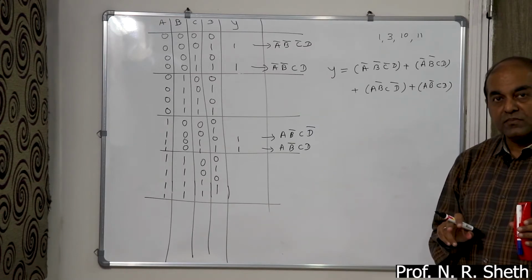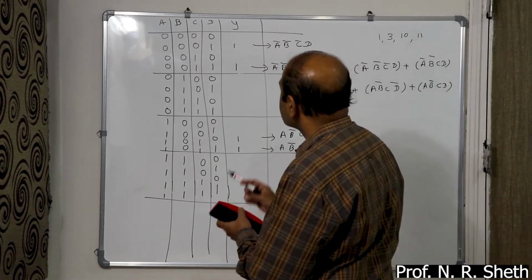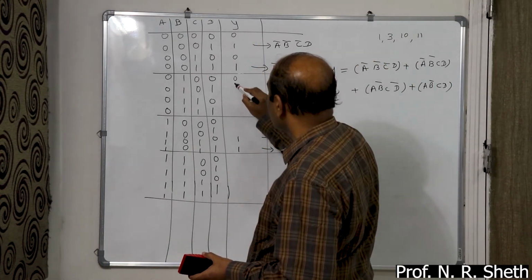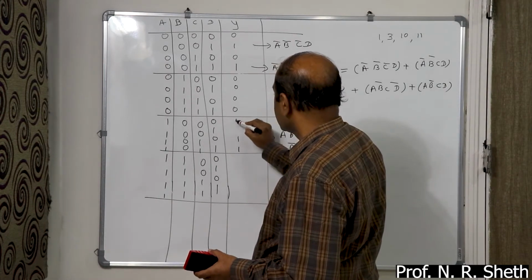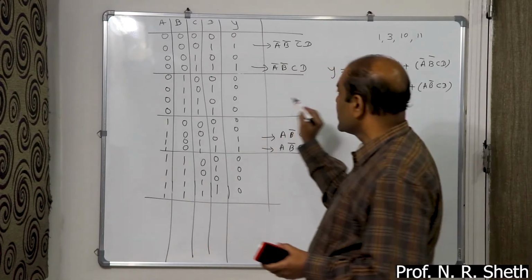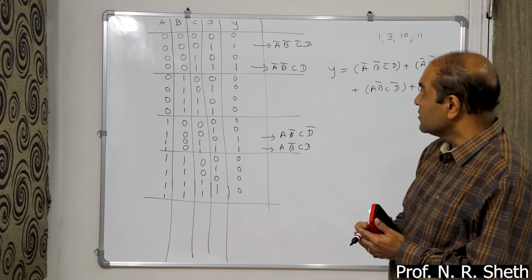Next step, yes, AND OR circuit. Now you can just write down the zeros in the remaining place. But no need to write down the fundamental product. Okay? Now, AND OR.